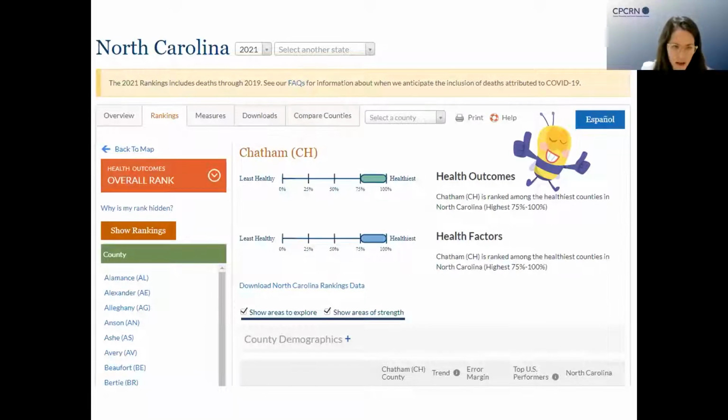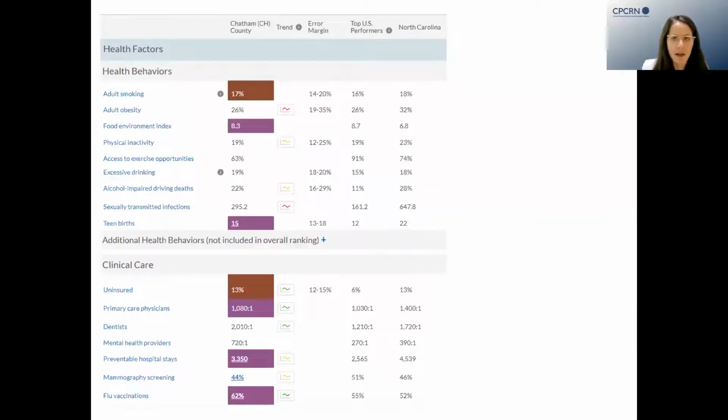So when I did that and I scrolled down, this is what I saw. And you can tell that the purple or the kind of brown, purpley, more like a red brown color, I guess, those are the areas of improvement or opportunity to explore. The purple color are the areas of strength where Chatham County is doing really well.